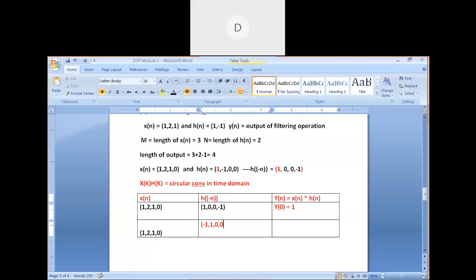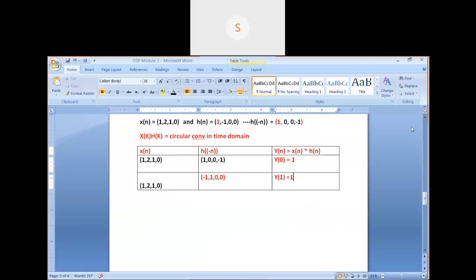Here the sample that is generated is y of 1. What's the answer? 1 minus 1 minus 1 plus 2, 0, 0. So y of 1 is how much? 1.